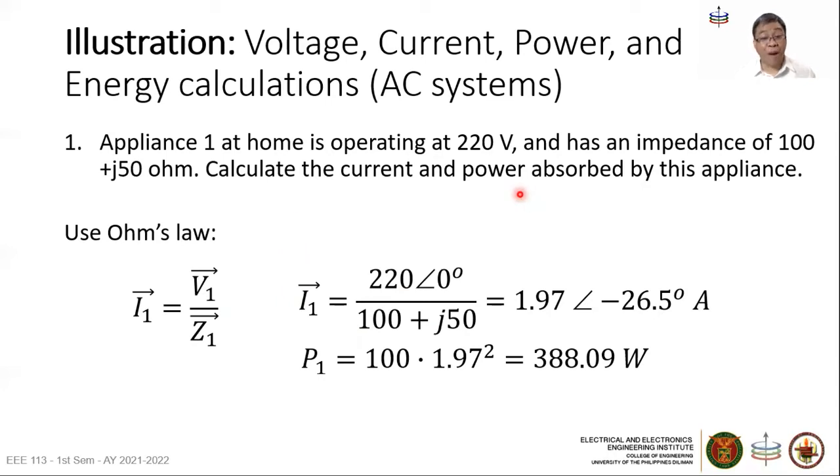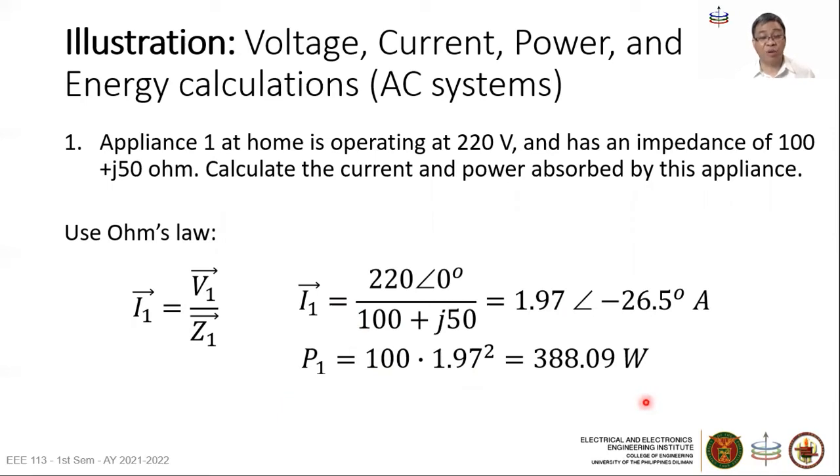For us to solve for the power absorbed by this appliance, if it wasn't specified, power refers to the real power, not the reactive power, not the apparent power. So power, real power P here. And we learned before that P is equal to I squared R. So you grab the magnitude of I, square that, and multiply it by the resistance, not by the impedance, but just the resistance component, the R. You get your real power P here.